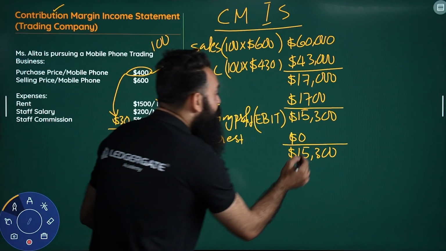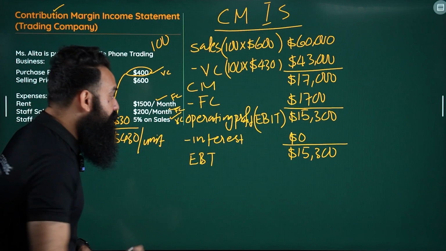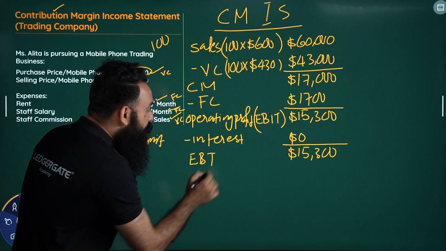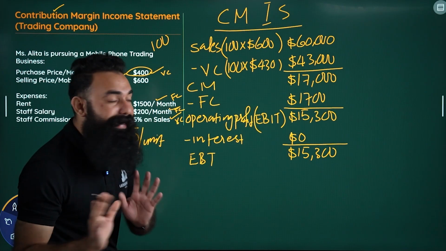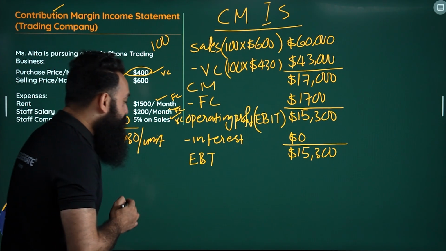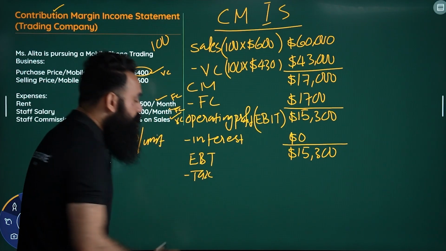Here 15,300 will be the same as operating income or earnings before interest and tax. Now we have deducted interest from this amount. Now it will become earnings before tax. Interest portion is already deducted. Now it's time to deduct tax.